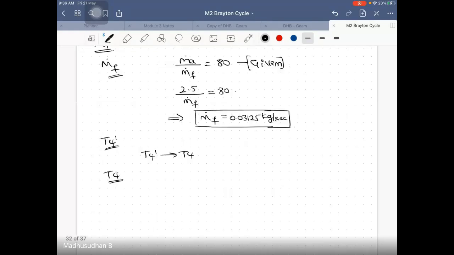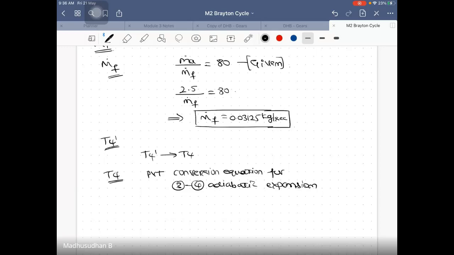Again, you are using the PVT conversion equation for the process 3 to 4, which is adiabatic. For an adiabatic process, P3 by P4 is equal to (T3 by T4) whole to the power of gamma divided by gamma minus 1.